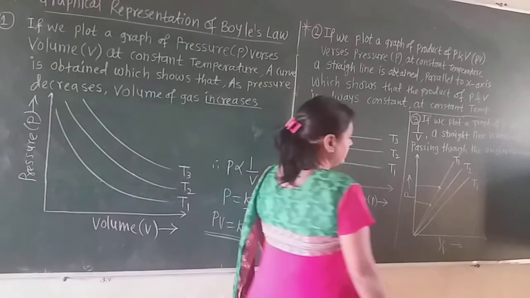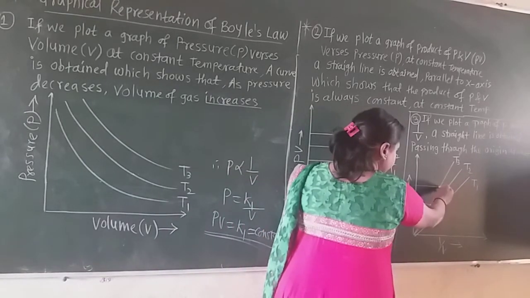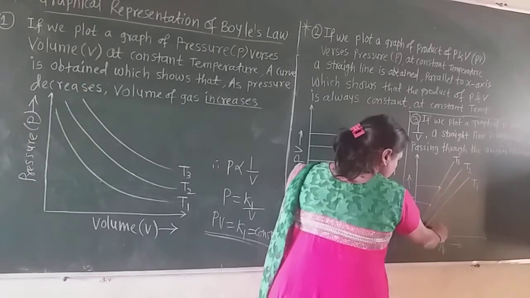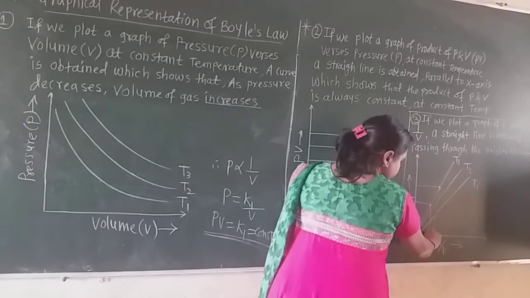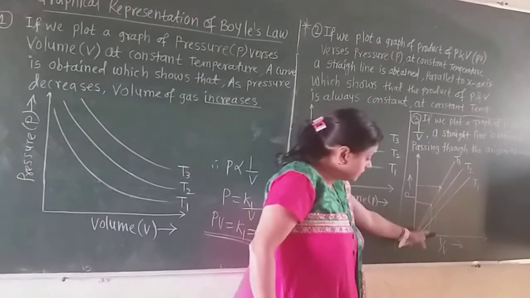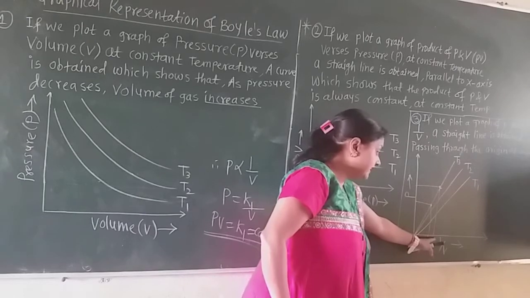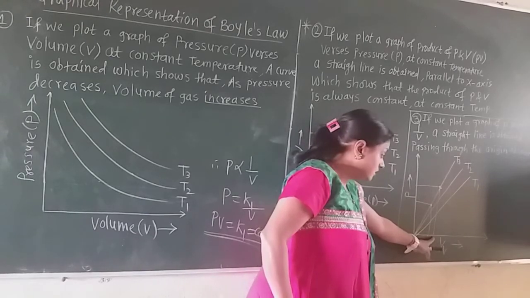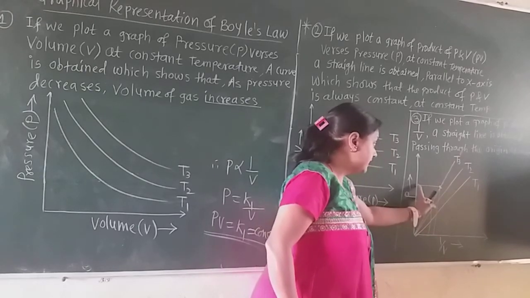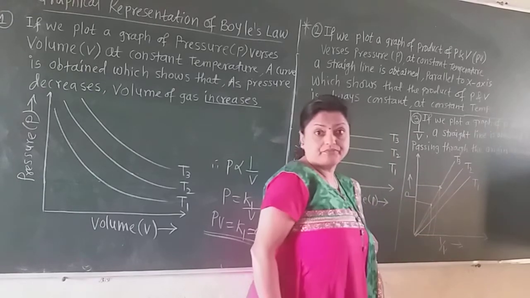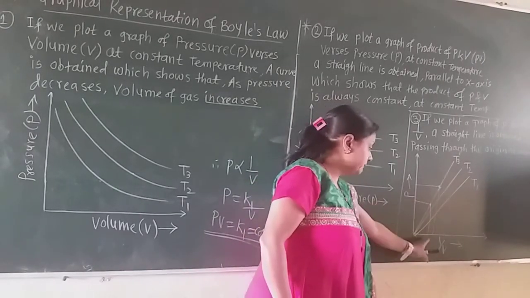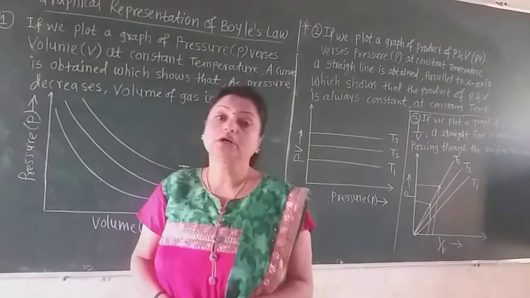As pressure increases here, this is the 1 divided by V value. Though it increases, it has a smaller value at higher temperature. 1 divided by V has the lesser value at higher temperature, and at lower temperature 1 divided by V has the higher value.